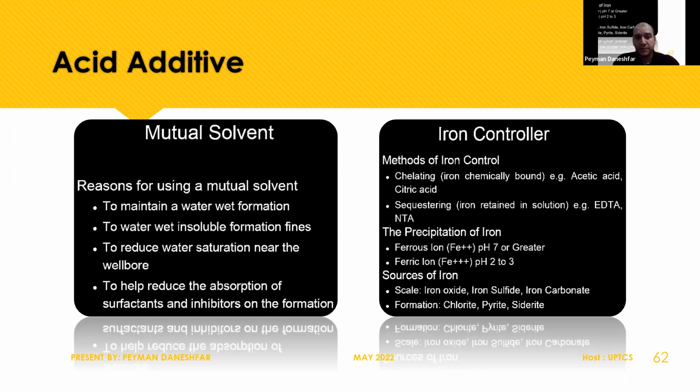After they settle there, if we don't clean up the well as soon as we can, the iron plugs the pores, and it leads to our acidizing job not being good. So the cleanup is more important, and choosing the iron control additive is more important.